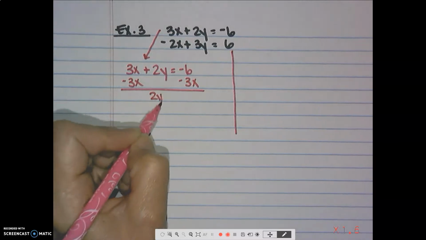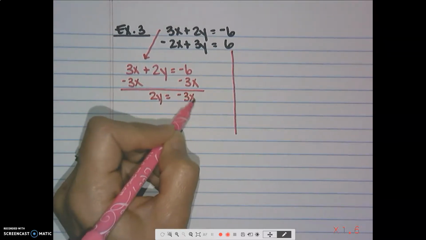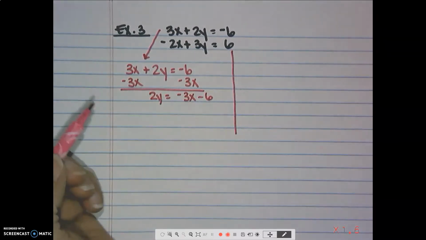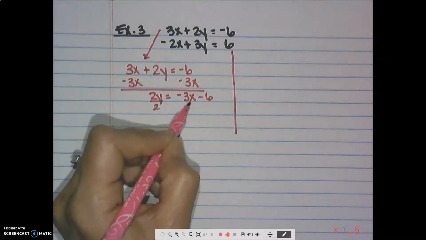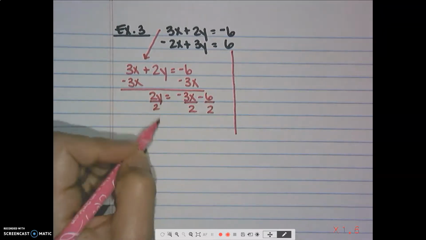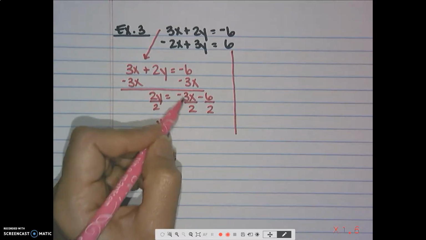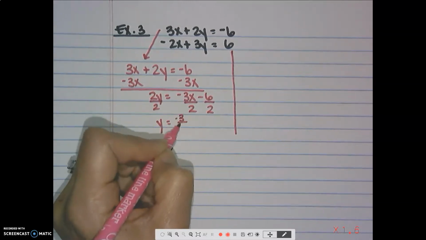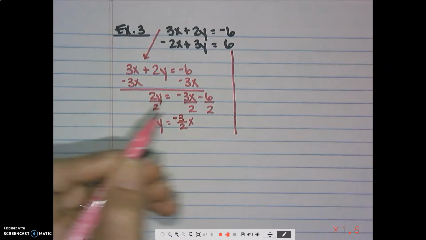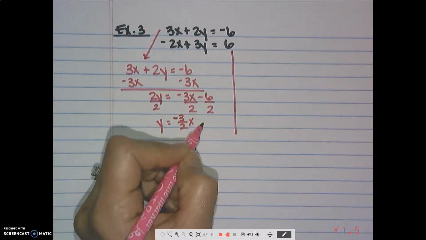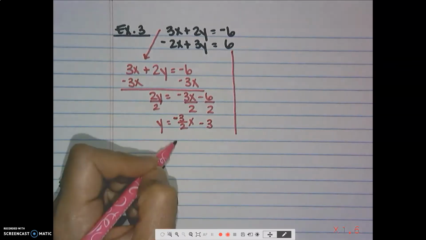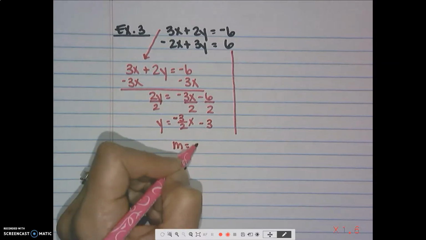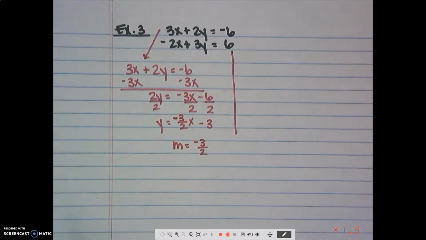So that gives us 2y equals -3x minus 6. And then we're going to divide every single piece by 2. So -3 divided by 2. We're just going to leave that as a fraction. And -6 divided by 2 is -3. So here, our slope is -3/2.